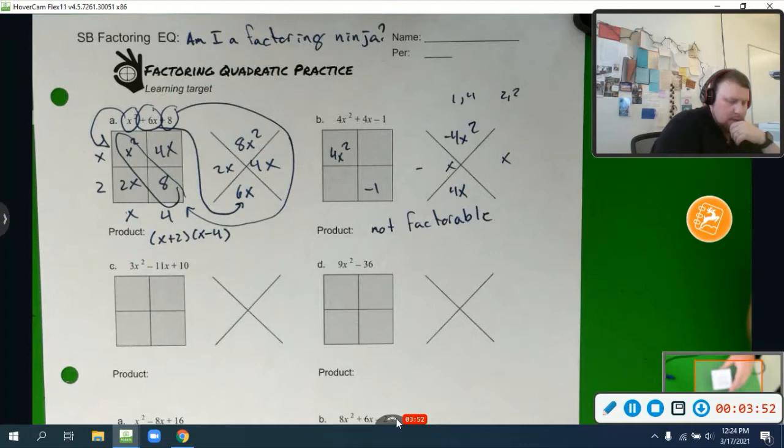You can do it. Remember where to put everything? I'll give you a hint. The only way you get a negative down below and a positive up top is if both your factors are negative.